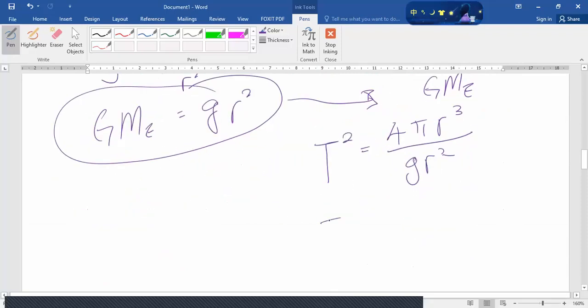So T squared will equal 4 pi squared R cubed over g R E squared.